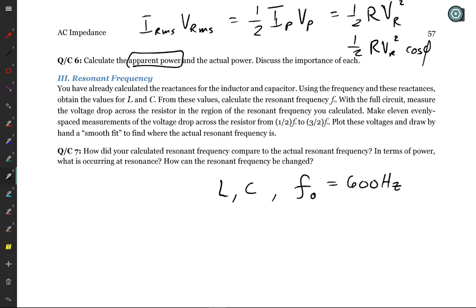And all you're doing then is you're back to one sensor, of course, and you're measuring the voltage across the resistance for each one of those frequencies. So now you're going to change the frequency and measure the voltage for the different frequencies. You're making a graph of the voltage across the resistor as a function of frequency, and then determining where the peak was.